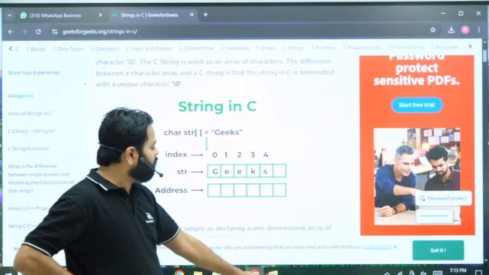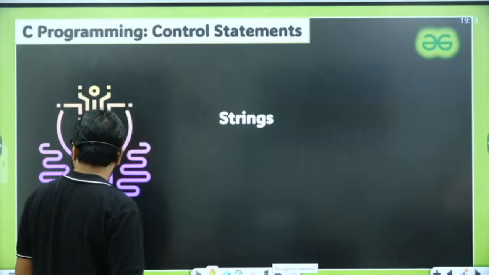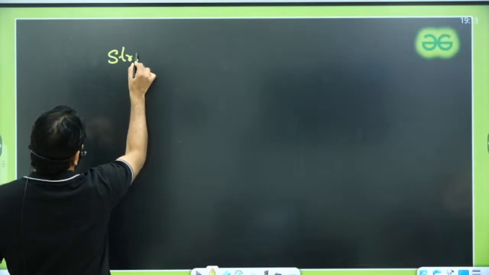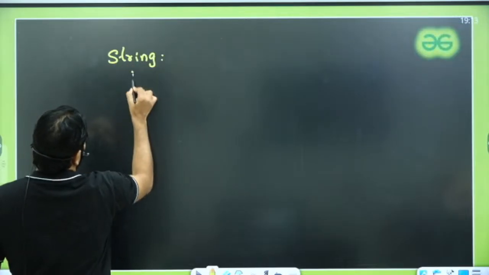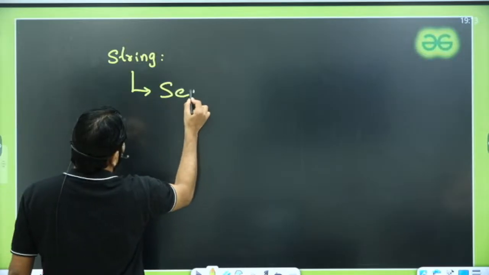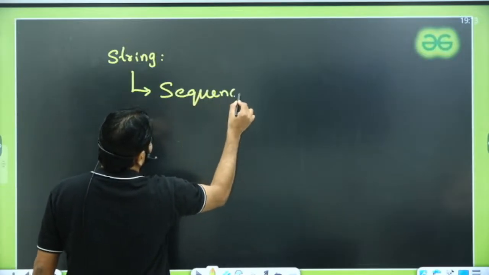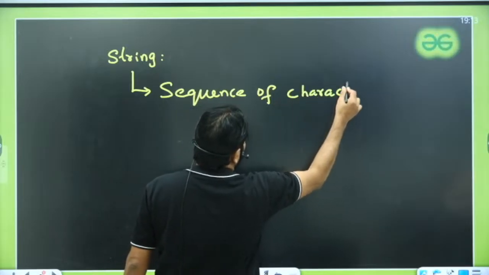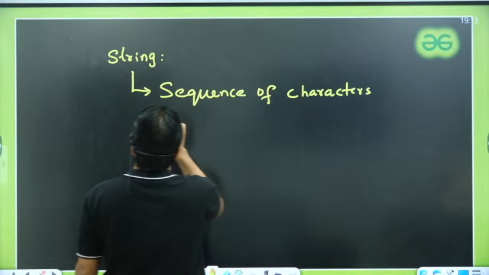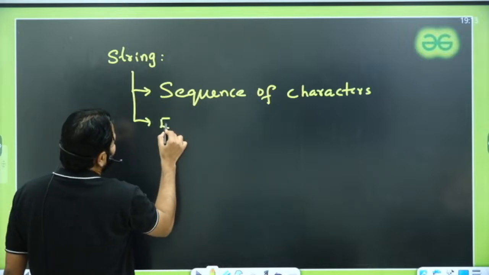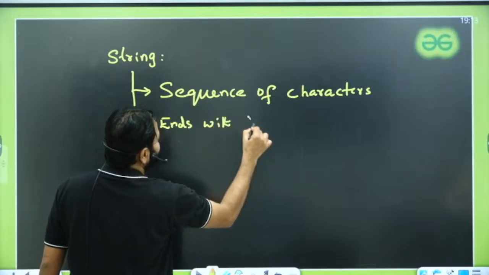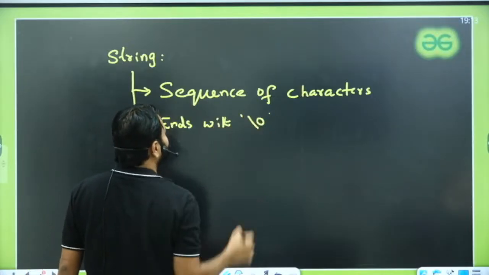Let's look at what we mean by the string here. So we'll go together. So what is a string? The string is a sequence of characters, and every string in C language especially ends with a null character that we say \0. Right.